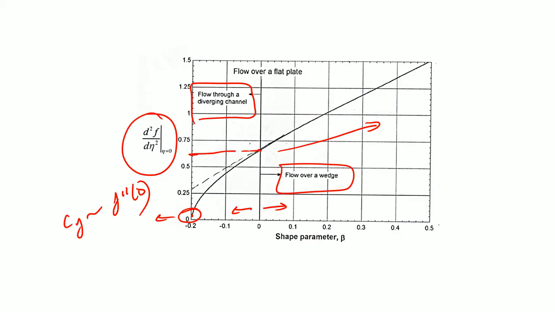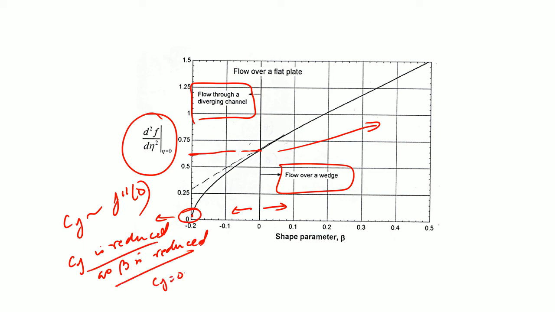Based on this, we can certainly say that Cf will be reduced as beta is reduced, and Cf becomes equal to 0 at the point of separation.